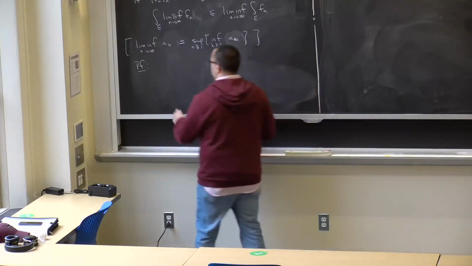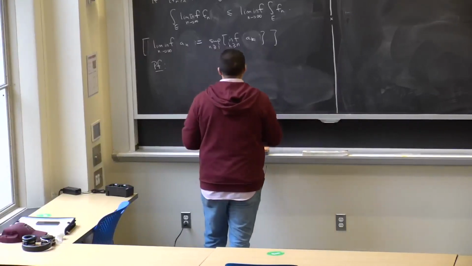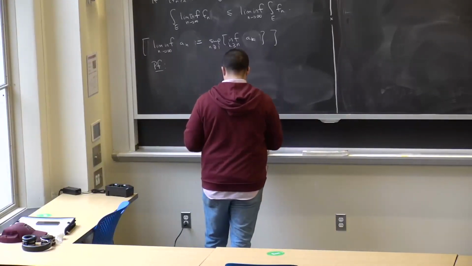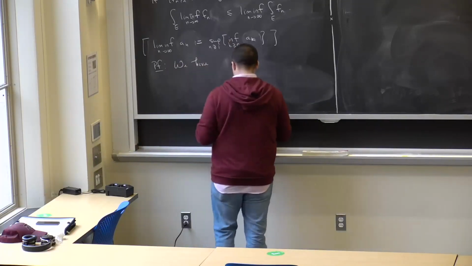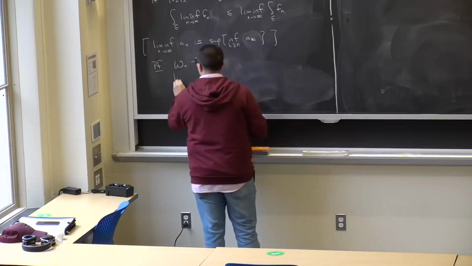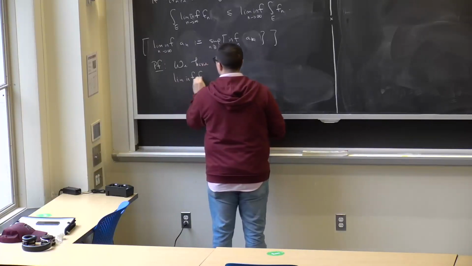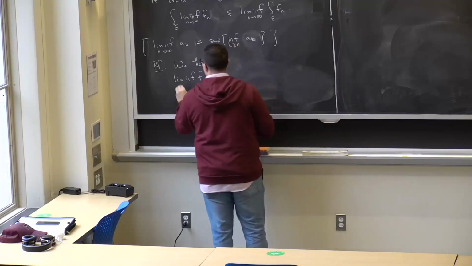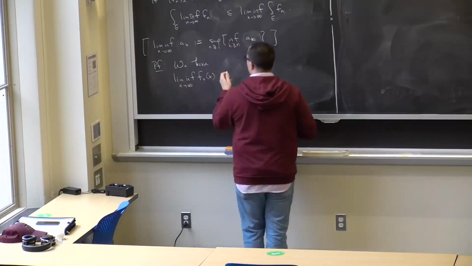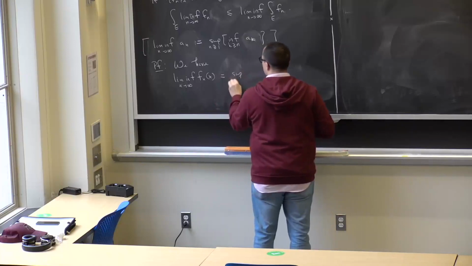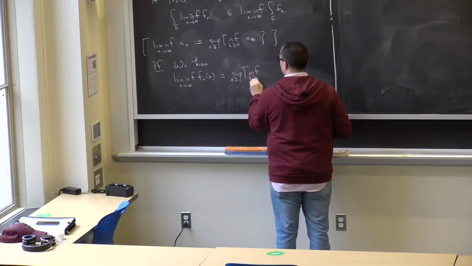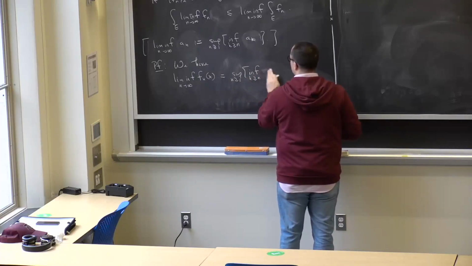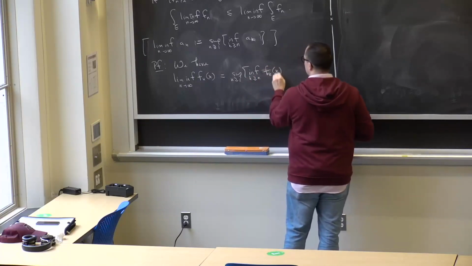Okay, so first off, we have the lim inf of F_n of x, which is, again, by what I've written up here, sup over n bigger than or equal to 1 of inf over k bigger than or equal to n of f_k of x.